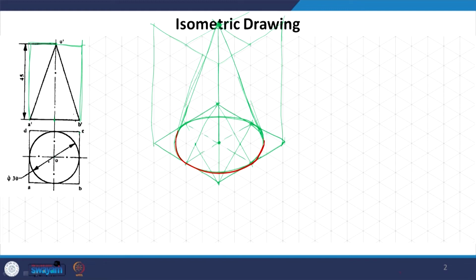We see this front portion, we will draw only up to the point where we see these slant edges coming. Then we draw this slant from the apex joining this curve, and we will draw the rear part of this curve which is coming here.